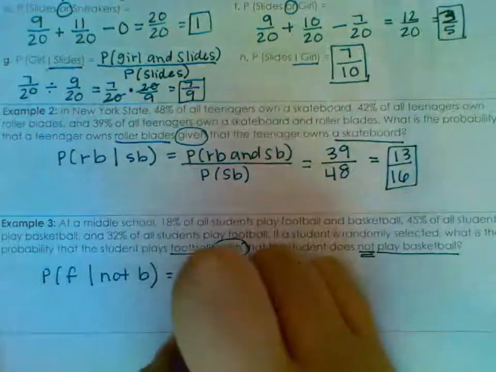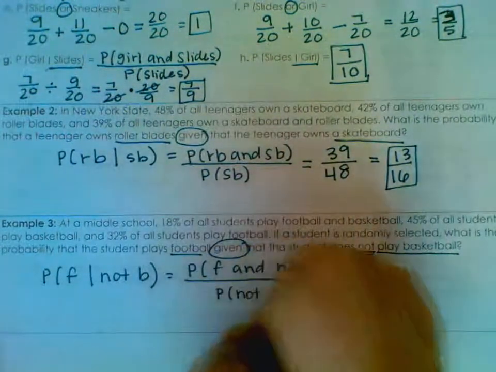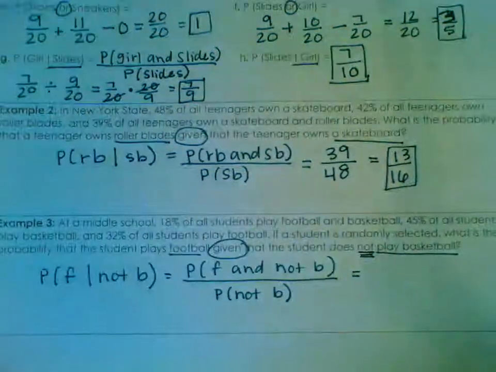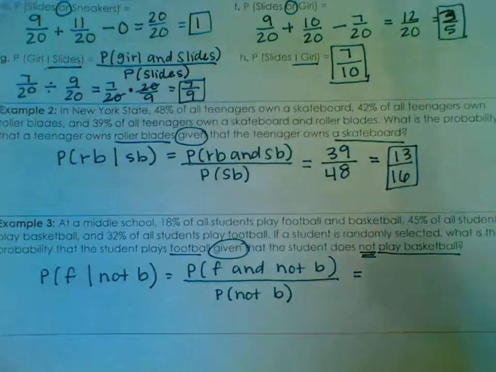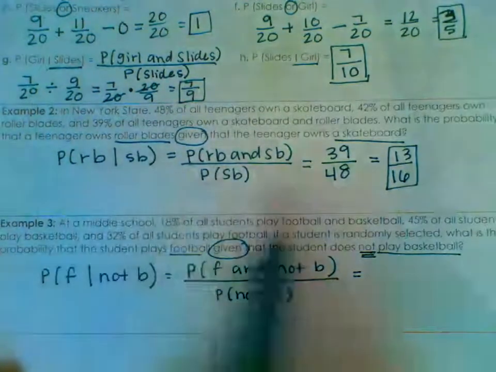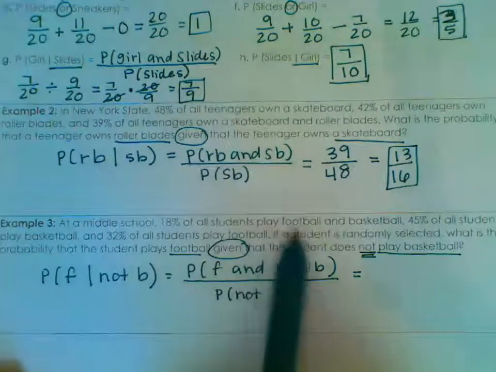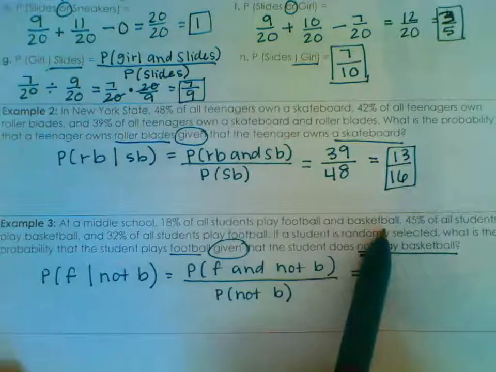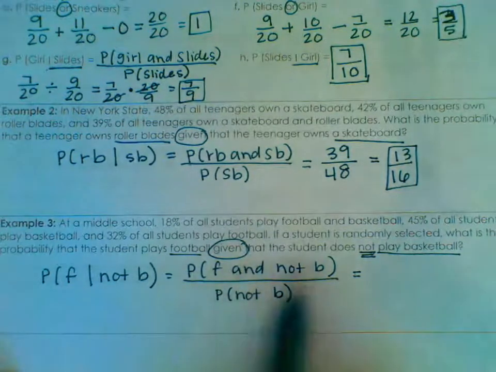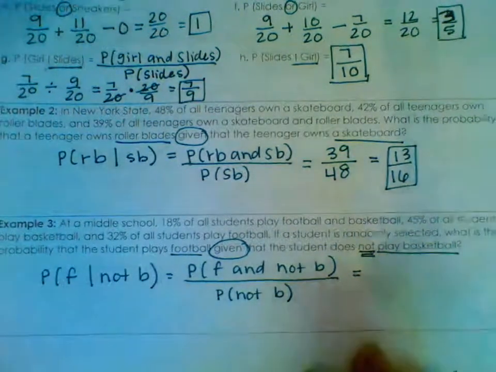What is given? Not basketball. Okay, so first we want football and not basketball. At a middle school, it says 18% of all students play football and basketball. Is that the and that we are looking for? It is not the and that we are looking for.